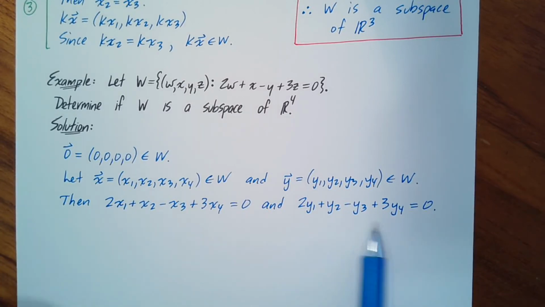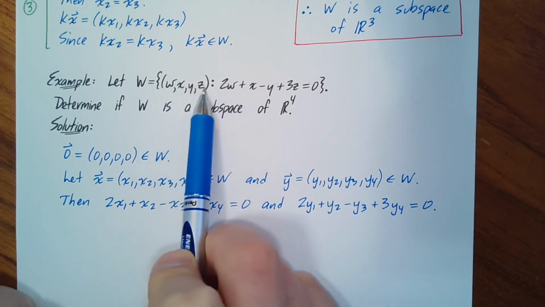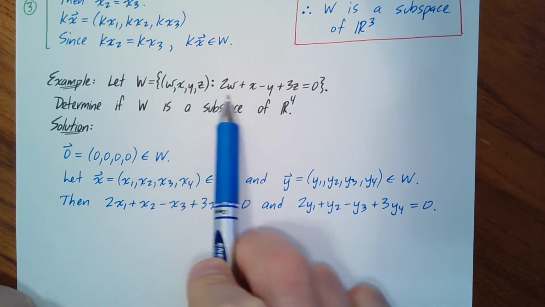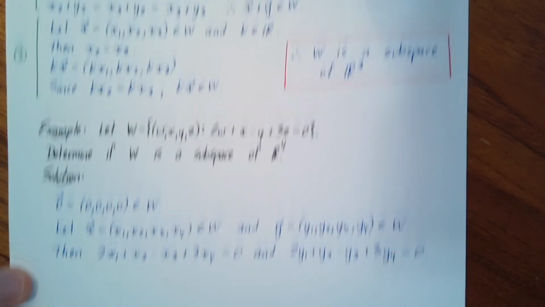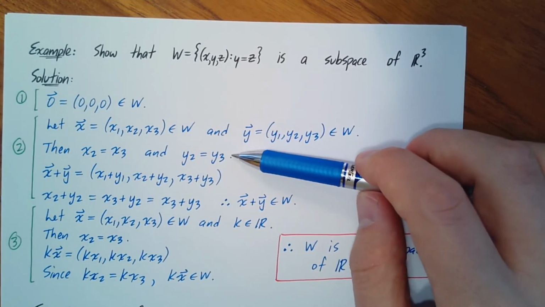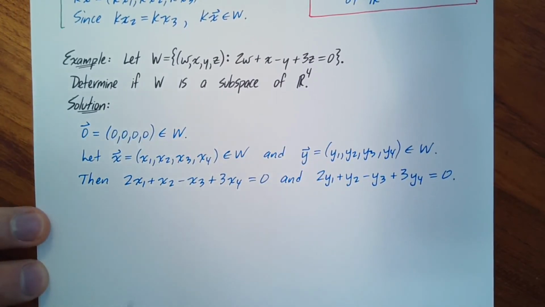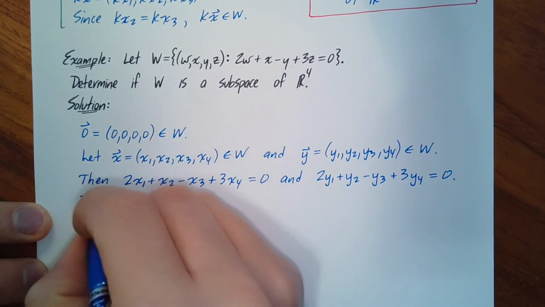That comes from the assumption that Y is in W. It means these four numbers have to, when plugged in for these four variables, satisfy this equation. So that's where this equation comes from. Okay, so that's what it means to spell out what it means for X and Y to be in W. Really, it's the analogous version of this line for the previous example. All right, well now we need to show that X plus Y is in W. So let's start by working out what X plus Y is.